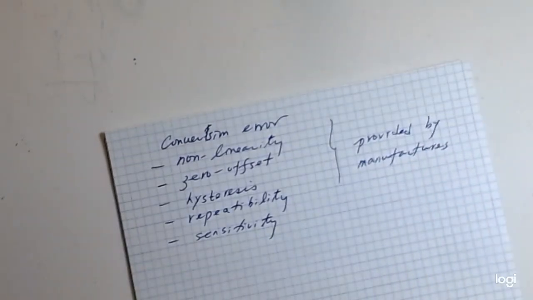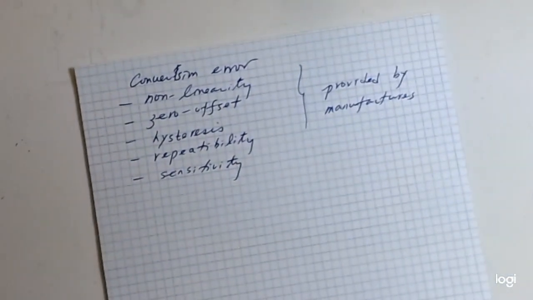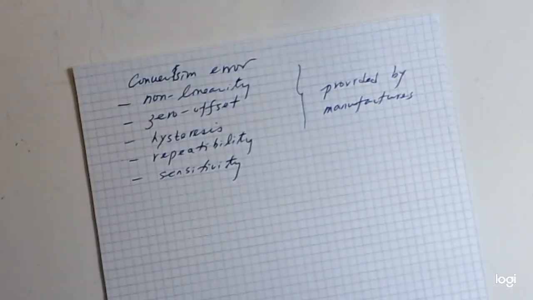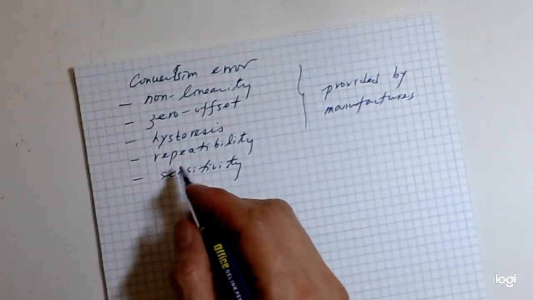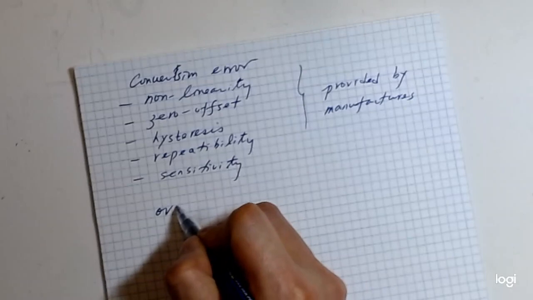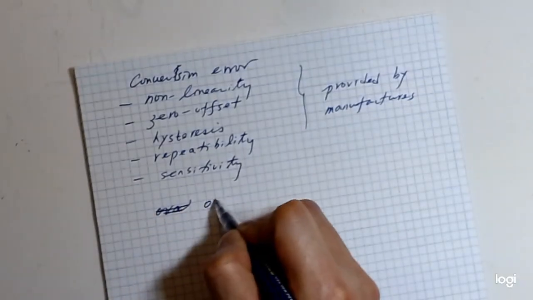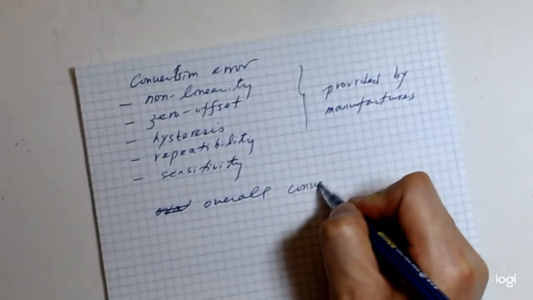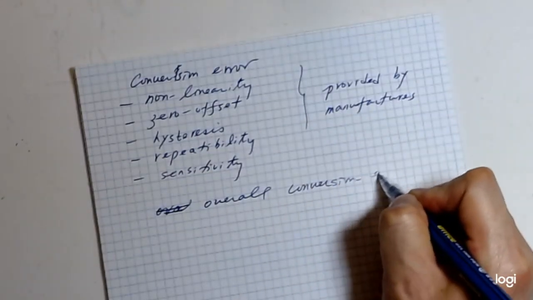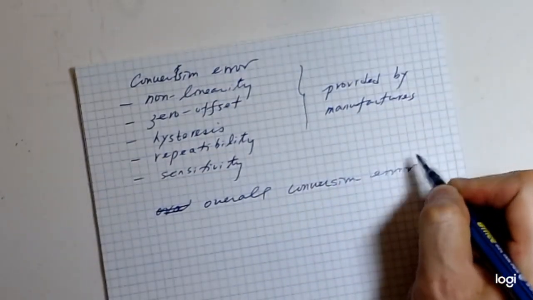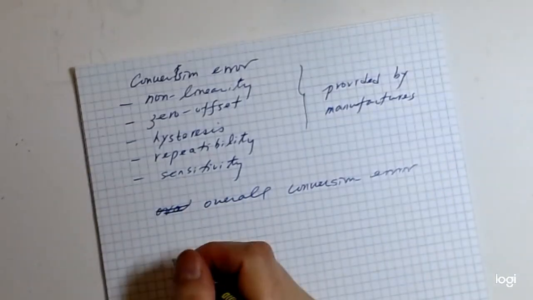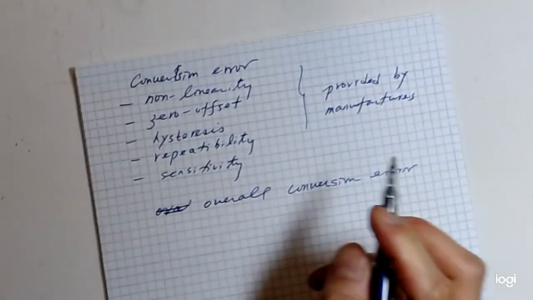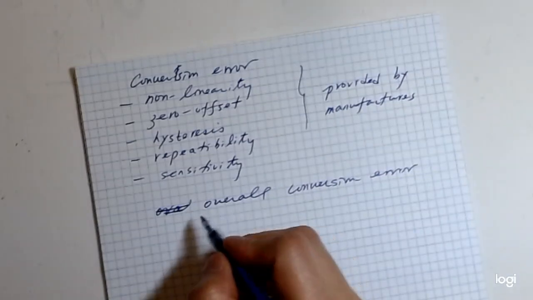So if we want to characterize the overall conversion errors, again the root sum square rule holds.